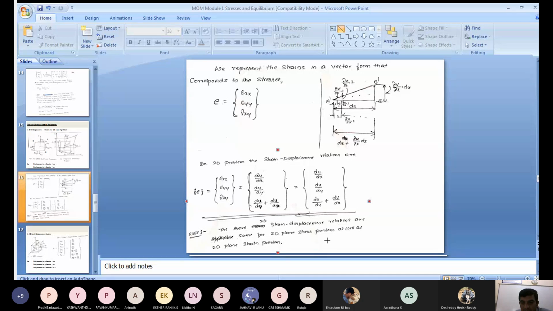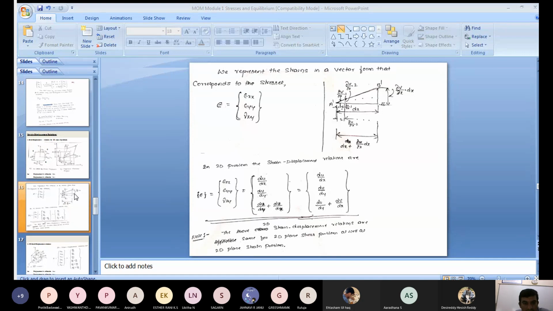Gamma stands for shear strain, x stands for plane, y stands for direction. So what is the strain induced along x direction? That is du. What is the thickness along the y direction? It is dy. du by dy plus, second bit you go here. What is the deformation in y direction? It is v. That is dv by, what is the thickness of the element in x direction? dx. dv by dx.